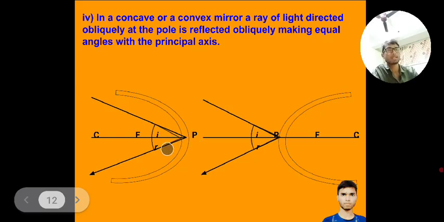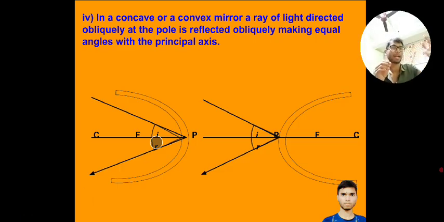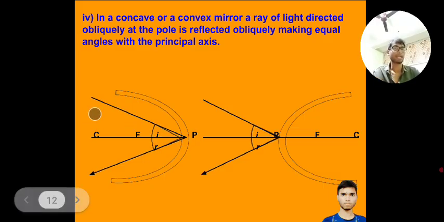The angle of incidence will be equal to the angle of reflection. This will happen when light hits the pole of the mirror.